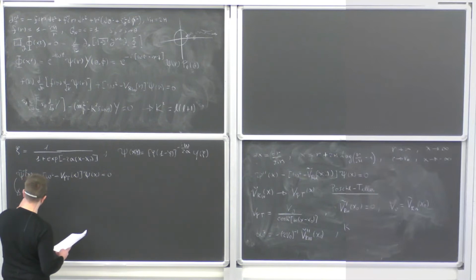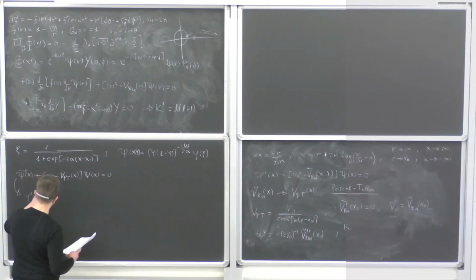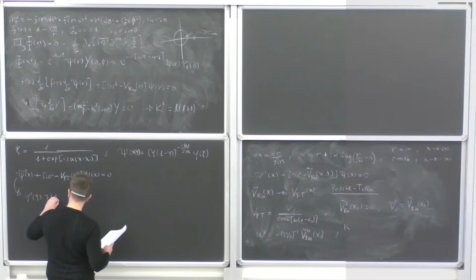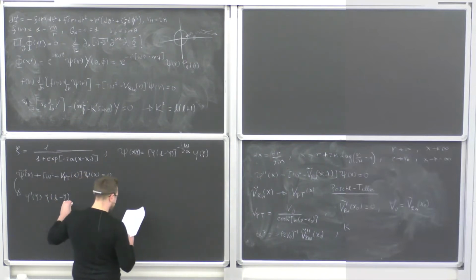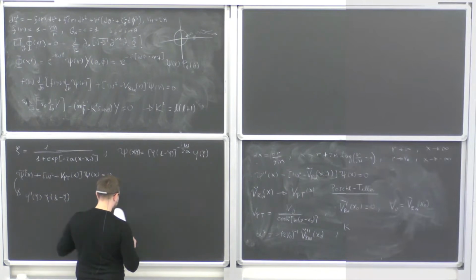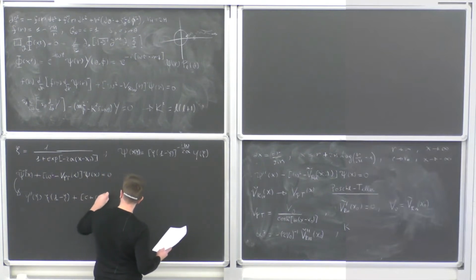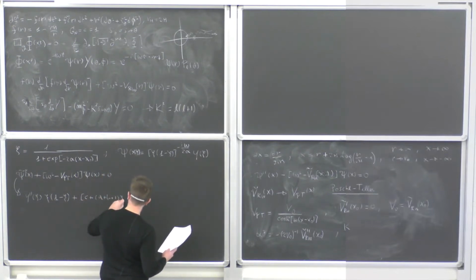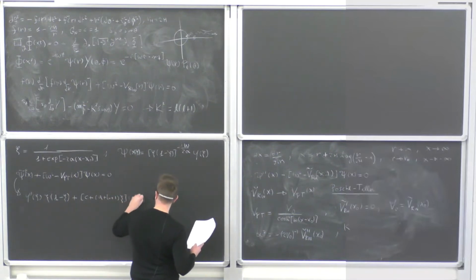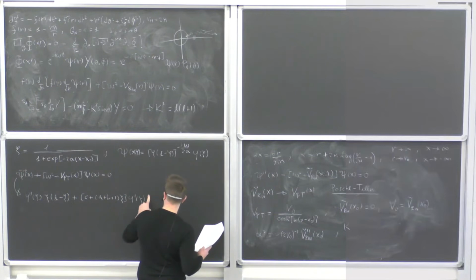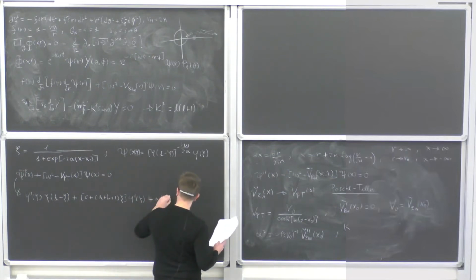So you will have something like this: the second derivative times ξ times 1 minus ξ, and then you have c minus a plus b plus 1 times ξ, the first derivative with respect to ξ, and then you have minus ab y of ξ. Okay.